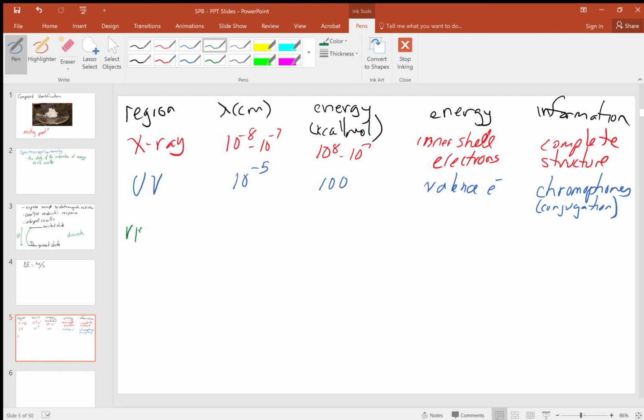We can also put visible light on here. The visible light isn't really that important, but we'll put it on here for completeness. Again, a little bit longer wavelength, a little bit lower energy. Still looking at the valence electrons. And really, this is whatever is visible, the colors of the compound.